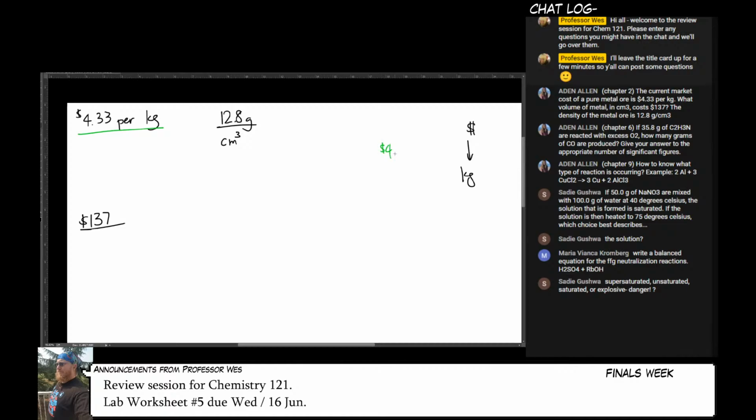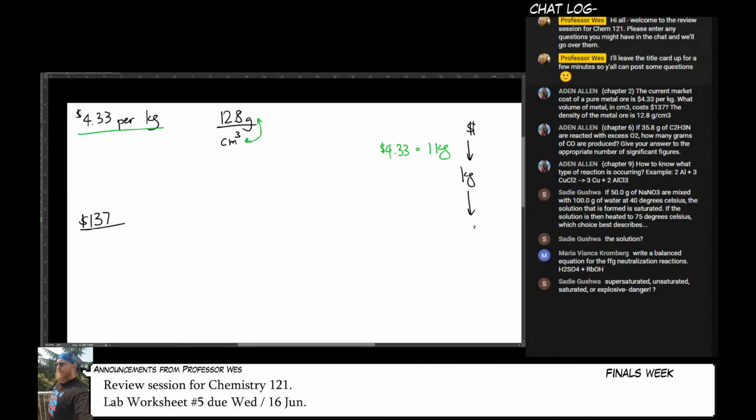So it's $4.33 equals a kilogram. And I want to figure out a volume, so I need to figure out a way to get from mass to volume. Well, I have something that does that right here, right? If I knew how many grams I had, I could figure out cubic centimeters.